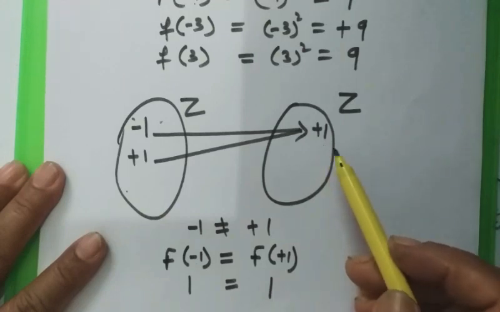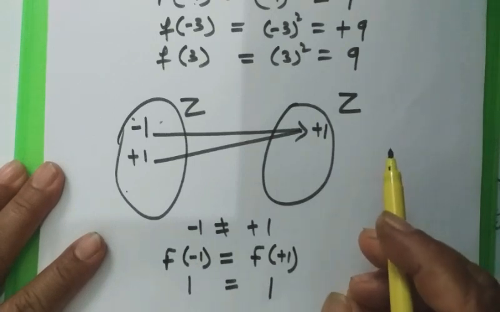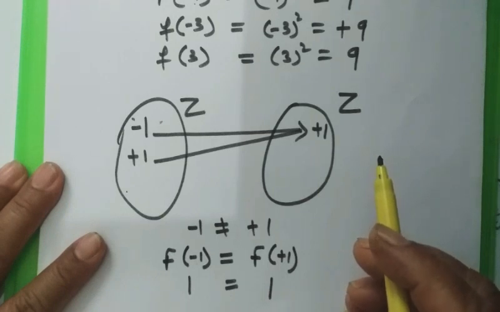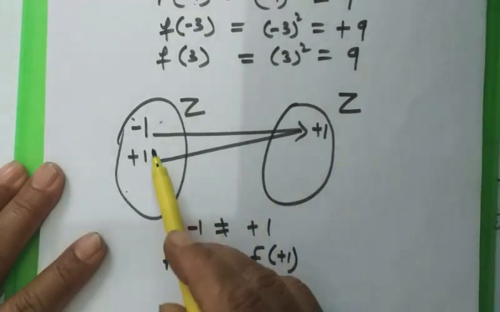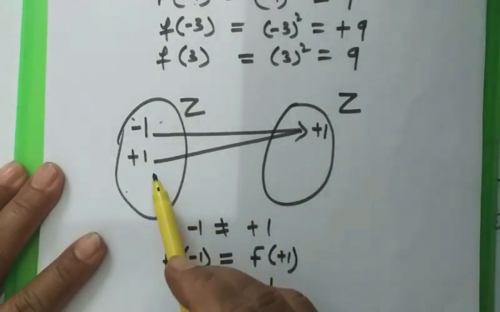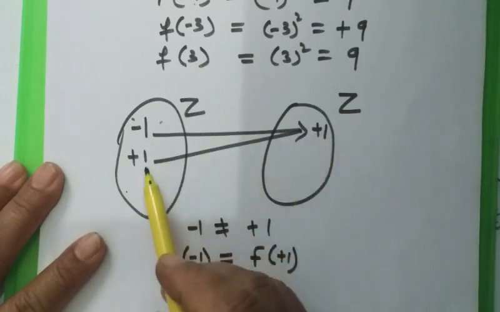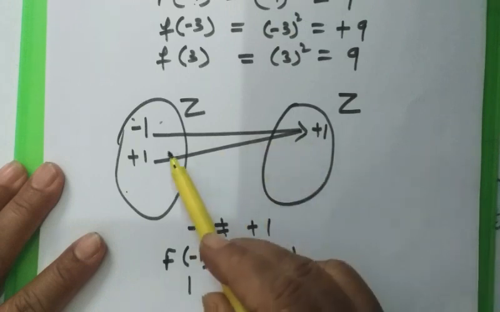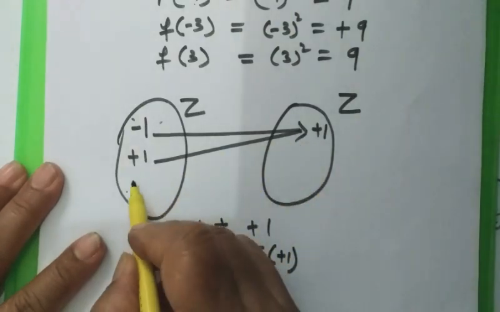So please tell me, is this function a 1-1 function or not? As per the definition we have discussed right now, no, it is not a 1-1 function, because a 1-1 function says that distinct elements should be mapped to distinct elements. Here the elements are distinct, but they are not mapped to distinct elements, they are mapped to the same element. So there is a contradiction.